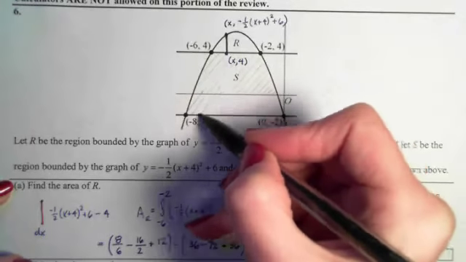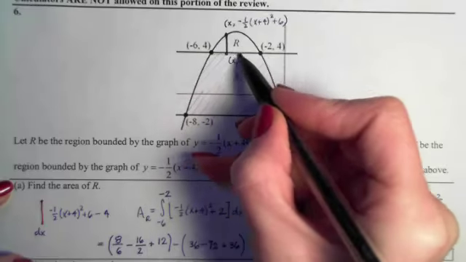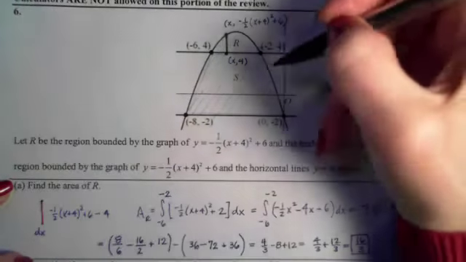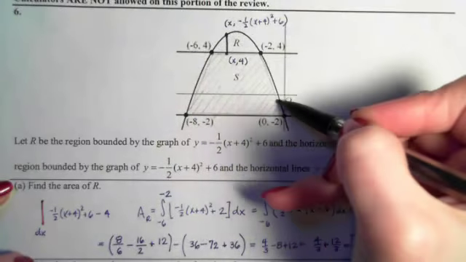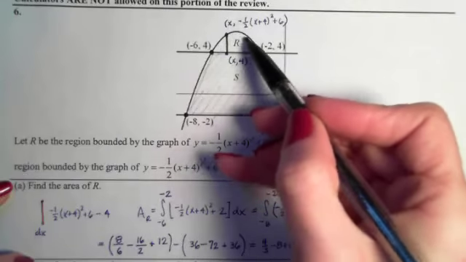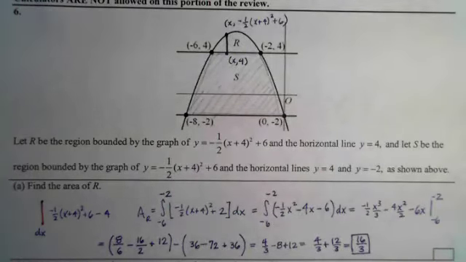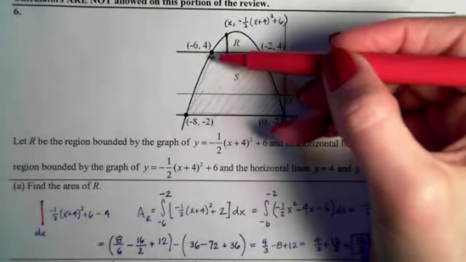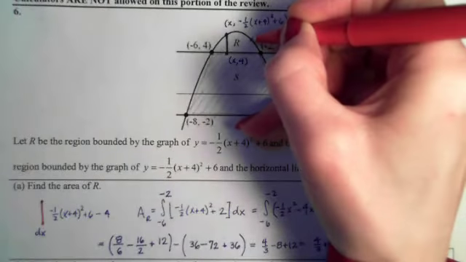So actually it goes all the way down. This is S right here, and you can see that we could get S if we do the entire region and then subtract out that area of R that we just computed. So we're going to do that. It'll probably be easier than trying to do 3 separate accumulations for S, which you could do, but it's probably not going to be as efficient.